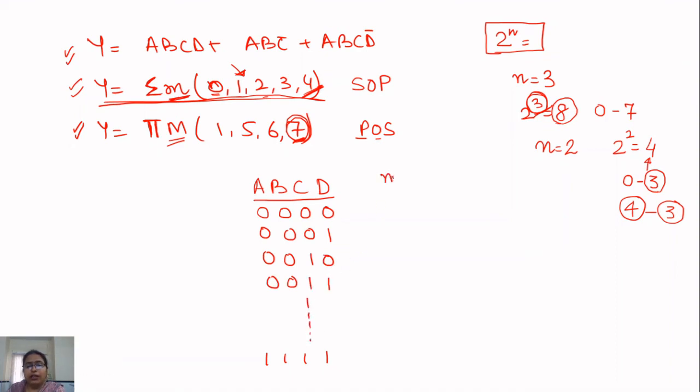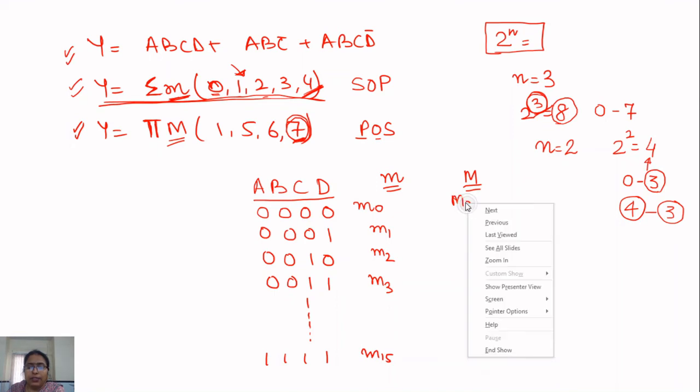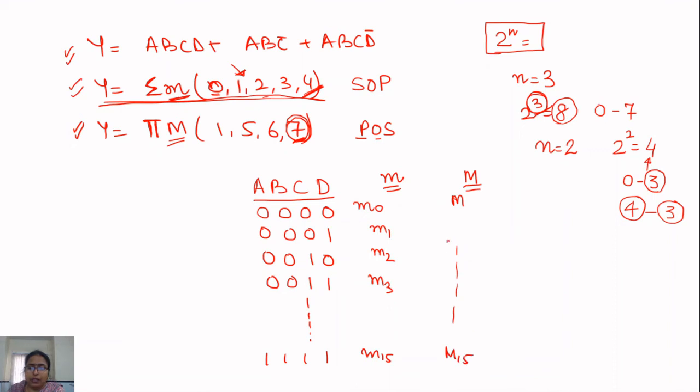In minterms, these are m0, m1, m2, m3. This is nothing but binary counting. Similarly, maxterms will be capital M0 up to capital M15, right? Now, in terms of this binary, how will you write these variable terms?